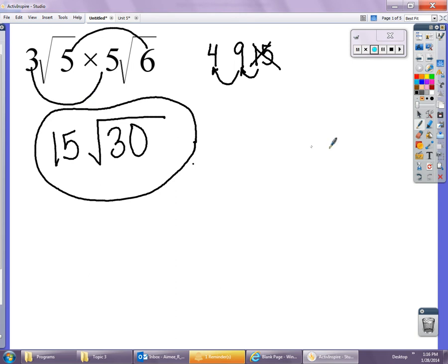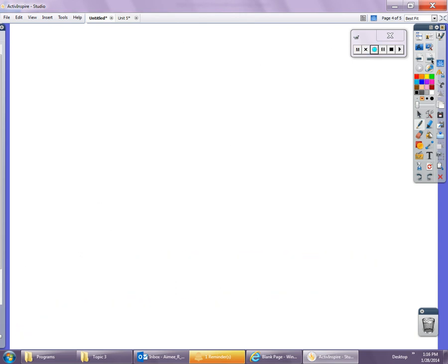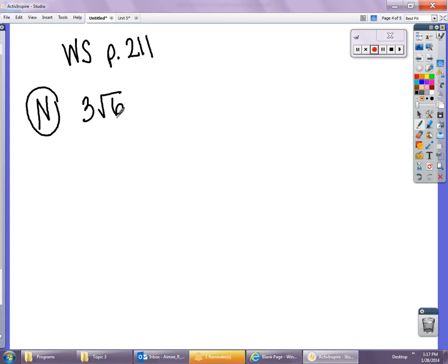So I'm going to do a problem from your worksheet page 211, and I'm going to do letter N. Okay, and letter N was 3 root 6 over root 2. Okay, so again, I'm trying to rationalize the denominator, so I multiply by root 2 over root 2.